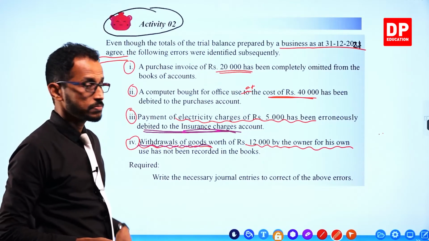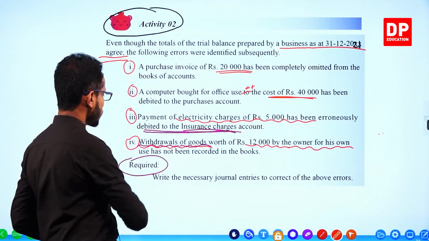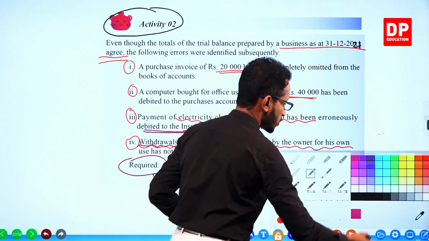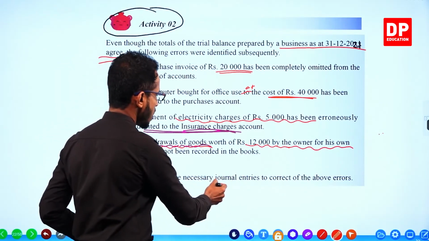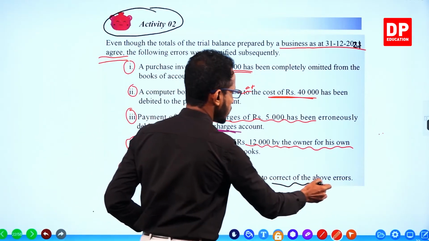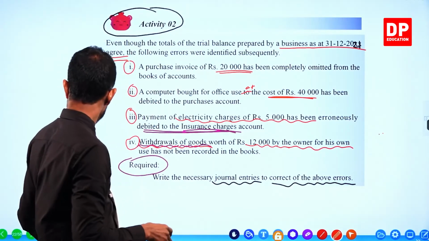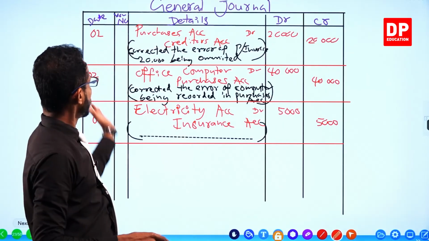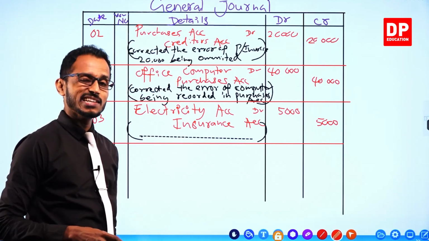Don't forget the narration. And we have done this and finished the double entries or journal entries to correct the above errors. Writing double entries in the general journal is known as writing journal entries or putting journal entries.